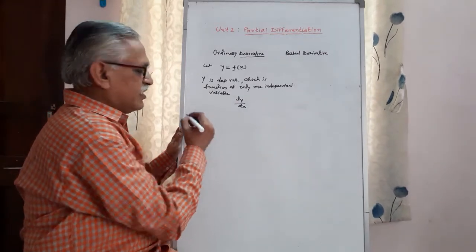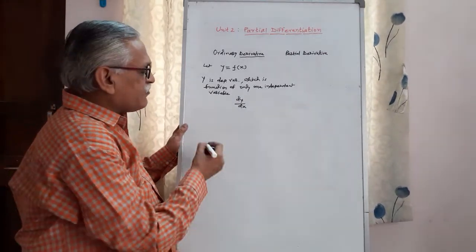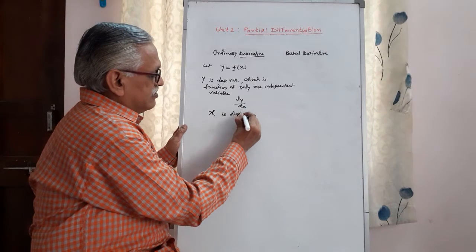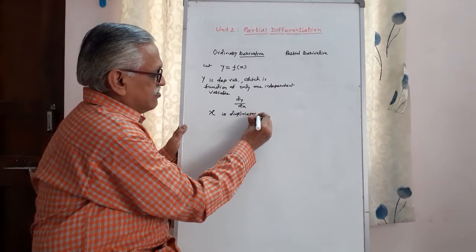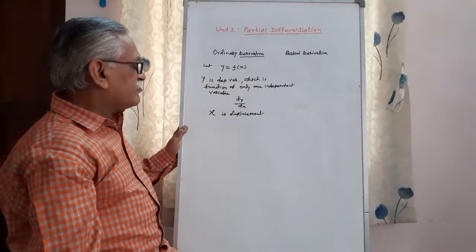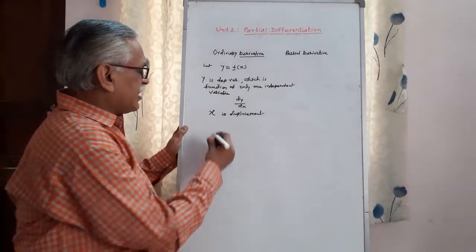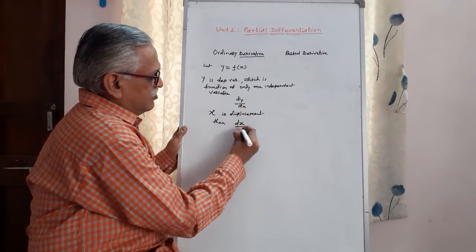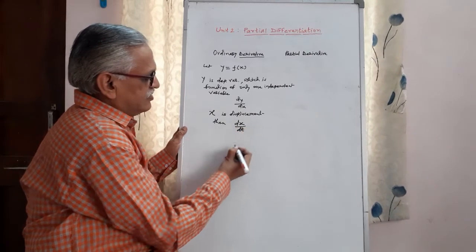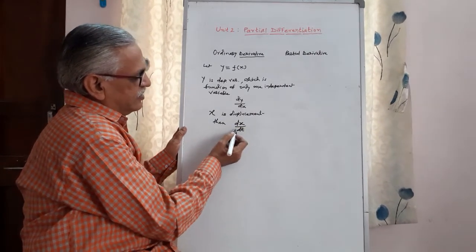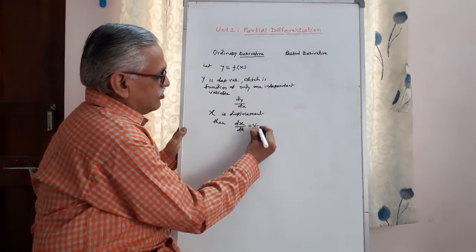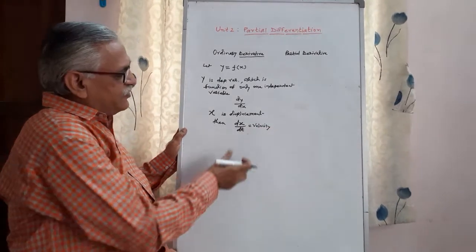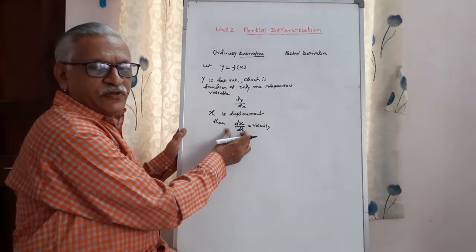For example, we take the example from real life. If x is the displacement of a moving particle in time t, then change in x with respect to change in time t, that rate of change is nothing but velocity. Therefore, this is the example of ordinary derivative.